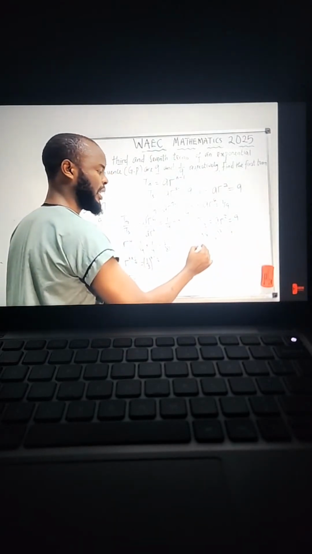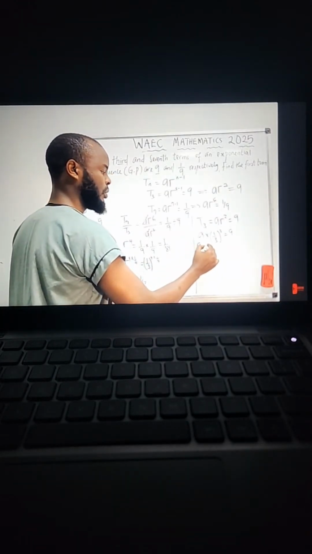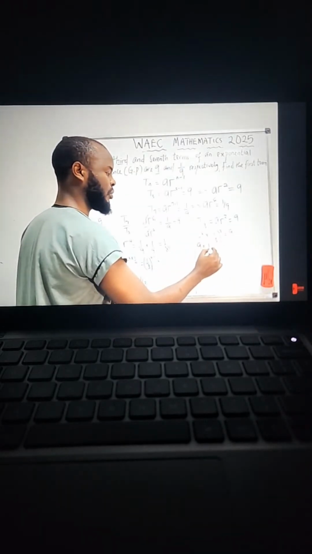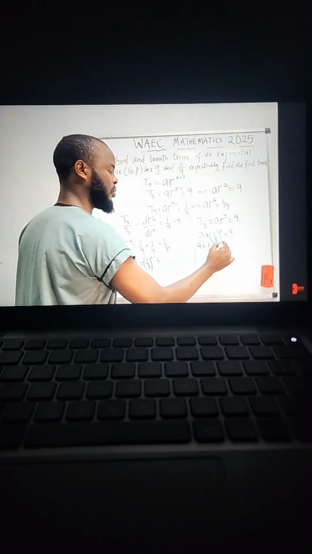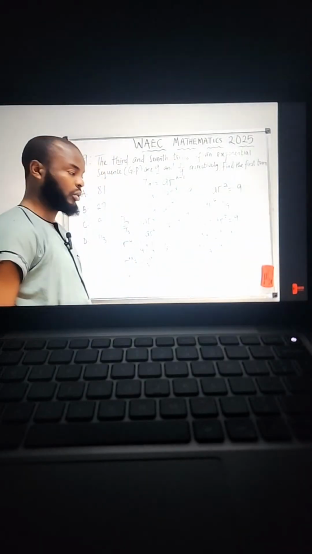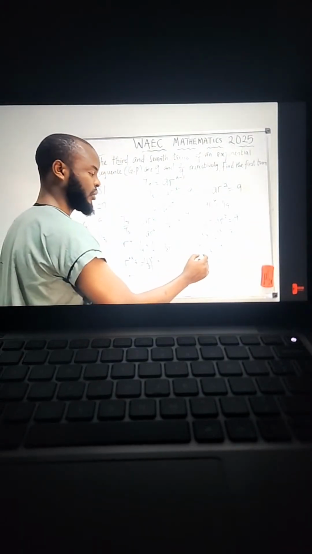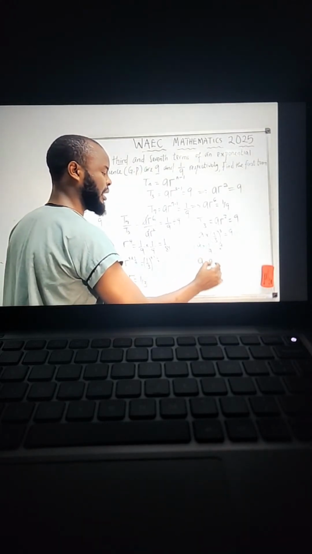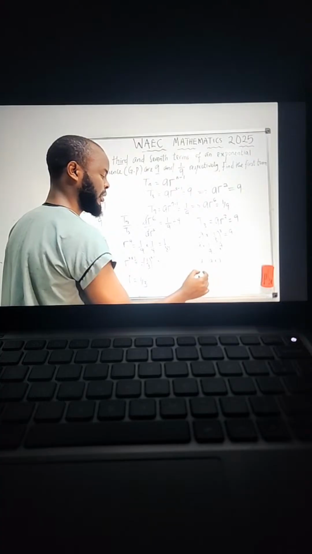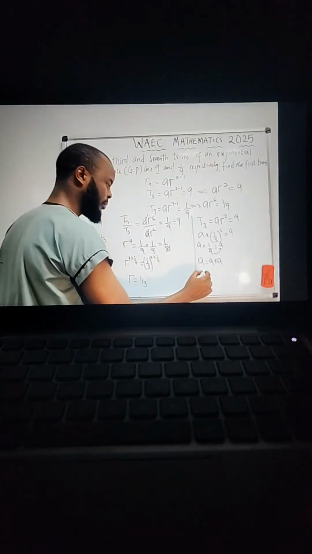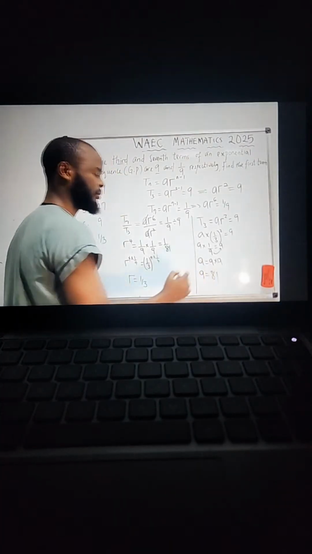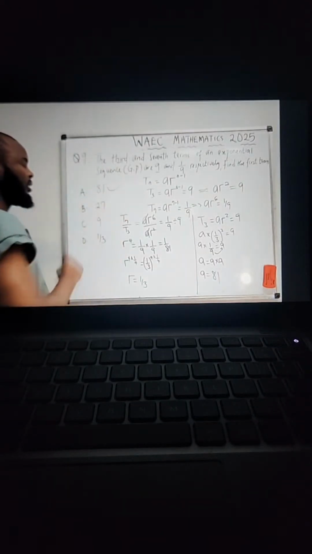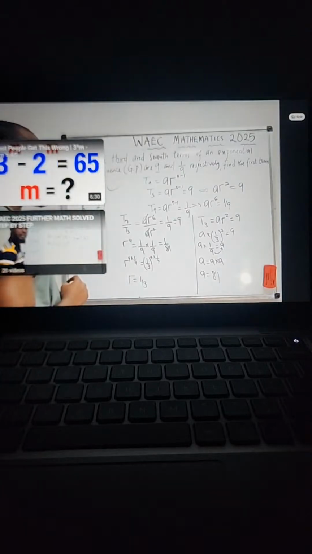So A multiplying 1/3 squared is the same thing as A times 1 over 9 equals 9. What do we do? You can cross multiply. So your A equals 9 times 9, and A equals 81. So finally, our answer is A.